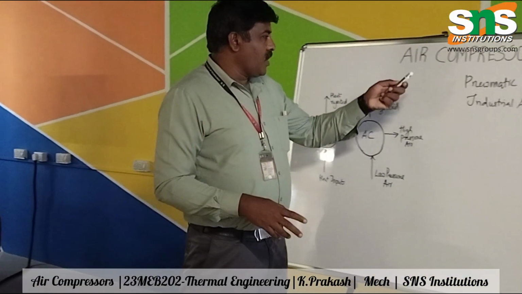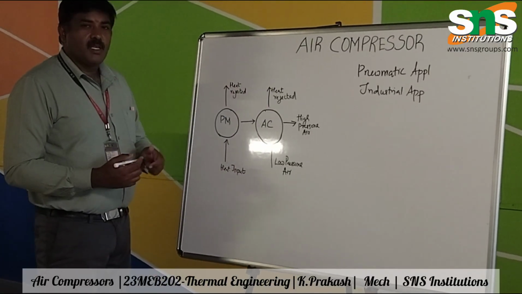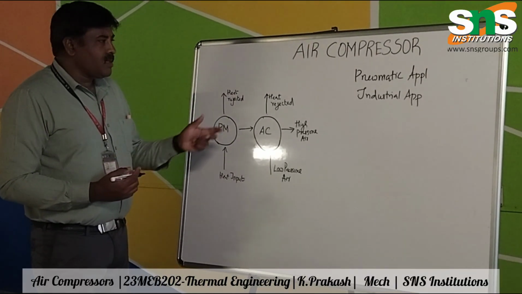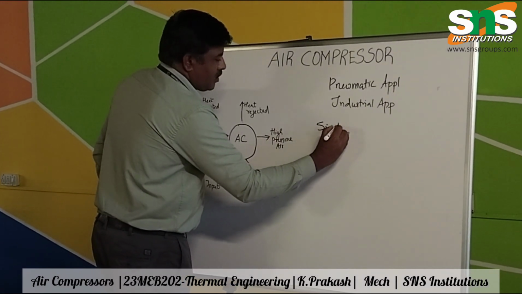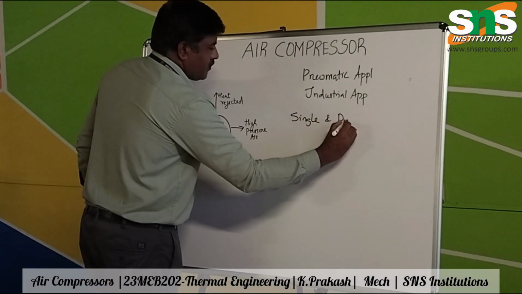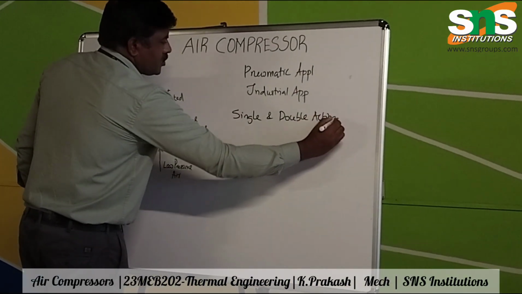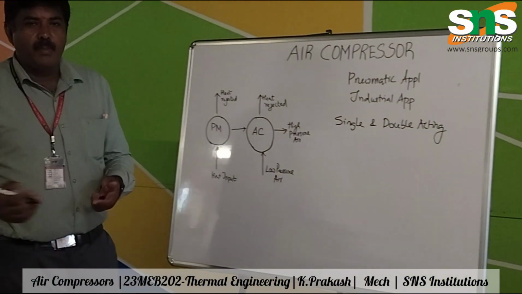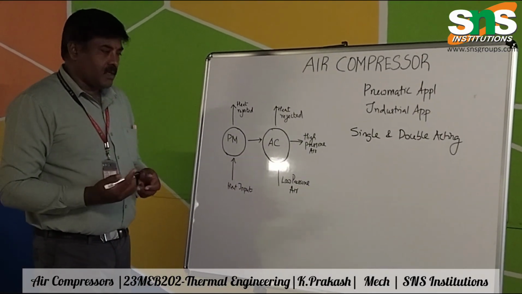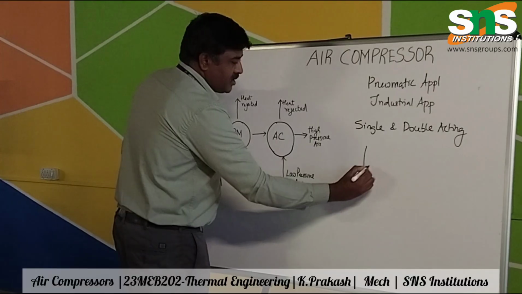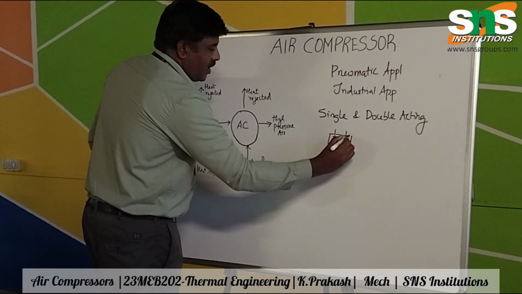Now let us see the classifications of air compressors. The first classification is single acting and double acting. What is meant by single acting and what is meant by double acting? In a normal reciprocating compressor, air is taken inside through an inlet valve, compressed, and sent outside.